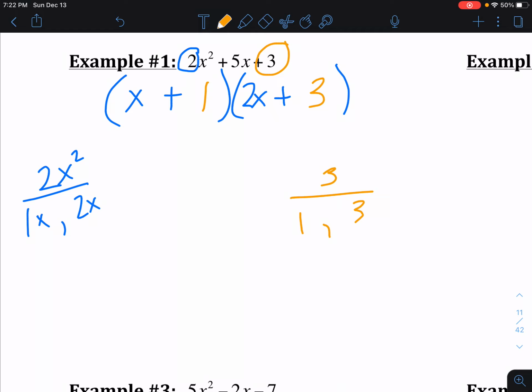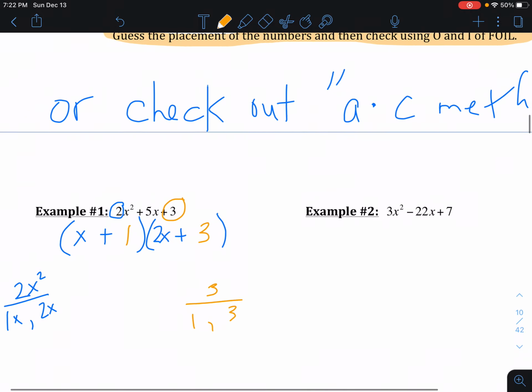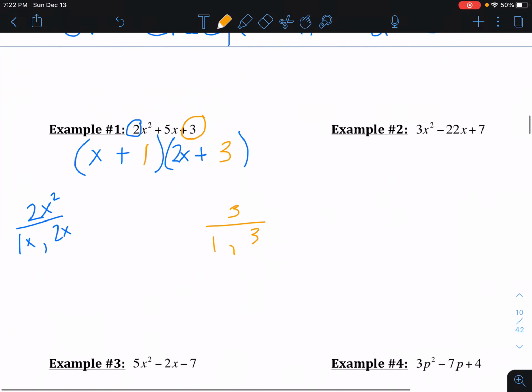And what we're going to do is we guessed it, we're now going to check it by FOILing and seeing if it comes out to be true. So in the above, it says just worry about the O and the I of FOIL.